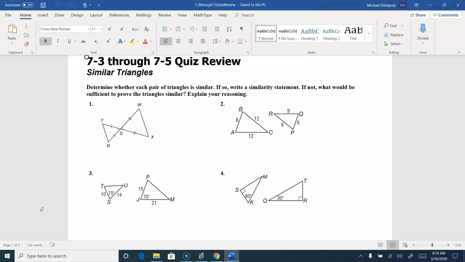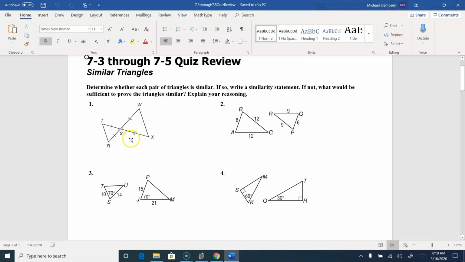So in the first one here, I don't have angle, but I do see that I have vertical angles here. And then I have an isosceles triangle here and an isosceles triangle here. So whatever this ratio here is, it doesn't really matter if this is 3 and this is 4, or this is 5 and this is 7, then this is also 5 and this is also 7. And that's what I need for the proportional sides. I need the proportions to be the same, and then I have the included angle. So what I have here is a side, angle, side situation.